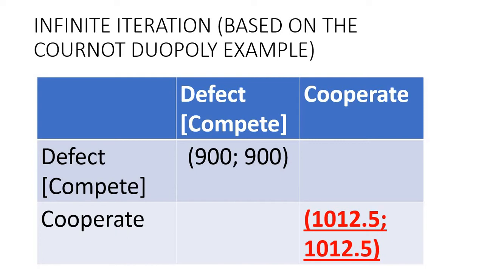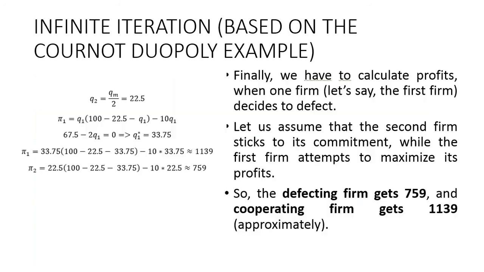We are done here. So now we have to calculate the profits when one firm decides to cooperate and the other one decides to defect. So let's say the two firms made an agreement to cooperate. So we start at this cell and assume that the second firm decided to stick to this commitment and produce one half of the monopolistic output.